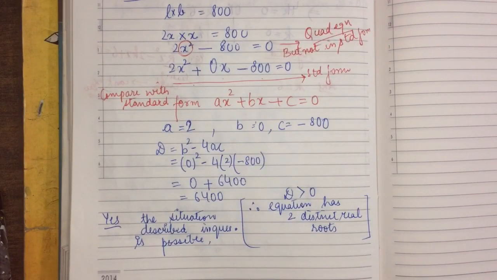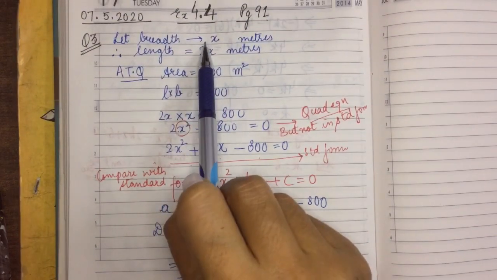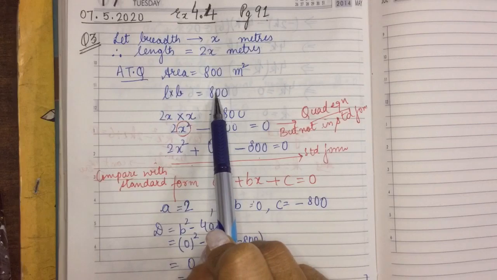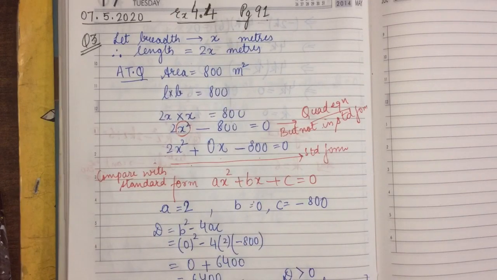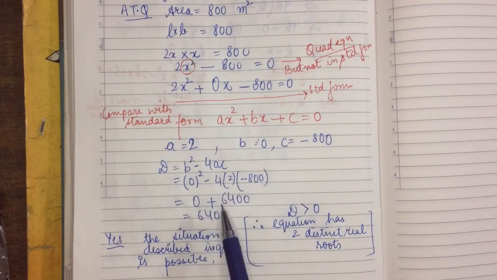And now that we have established that such a situation is possible, where the length is double the breadth and the area is 800, this is possible because the discriminant is greater than 0. The equation will have an answer. There will be two different answers from this equation. So now we can find out the answers for this.